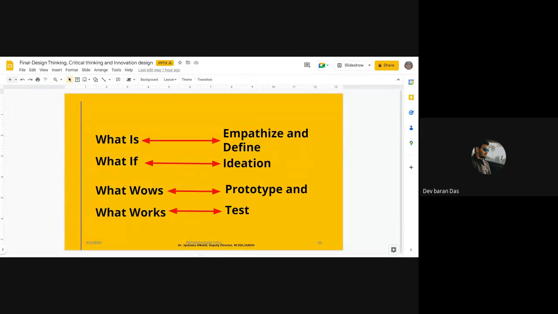If the same thing happened in colleges, people would not find it that convenient to visit the college, attend classes, and learn. But with IGNOU, it is very convenient for us.